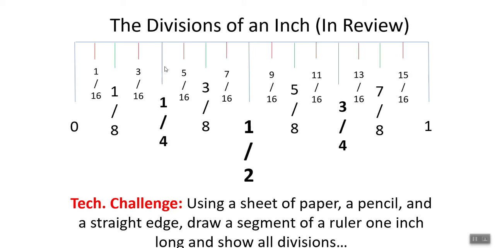Because 1/4 is 4/16, but it's been reduced to 1/4. 5/16, 3/8 has been reduced because it was 6/16. 7/16, 1/2. 1/2 has been reduced because it was 8/16. 9/16, 10/16. 10/16 is reduced to 5/8. 11/16, 3/4. 3/4 is the same as 12/16.